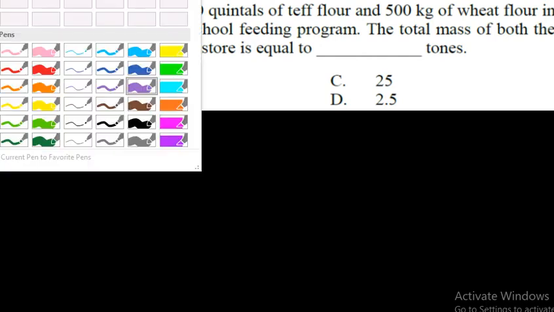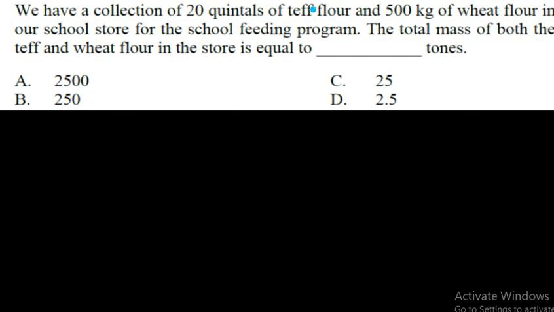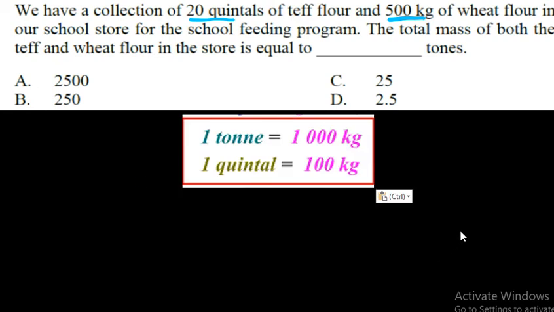Just to change the quintal to ton and the kilogram also into ton. So 1 quintal is how many tons, or 1 ton how many quintals, and 1 ton how many kilograms, or 1 kilogram how many tons? Try to recall this. If you can recall, 1 ton is equal to 1000 kilograms, and 1 quintal is equal to 100 kilograms.